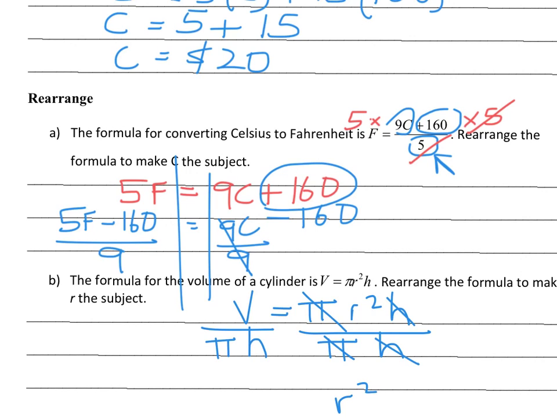So I've got R squared equals V over pi h. What's the opposite of squaring? To square root, that would get rid of that. But I also need to square root everything on the other side. So in the end, R equals the square root of V divided by pi h.